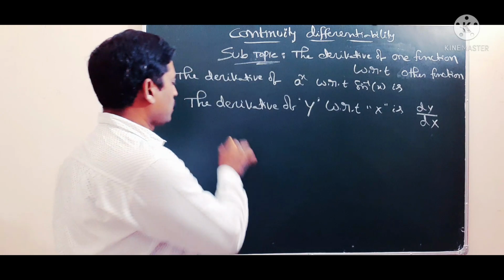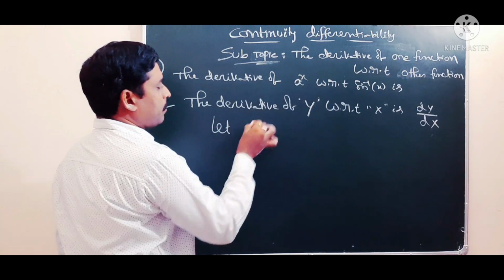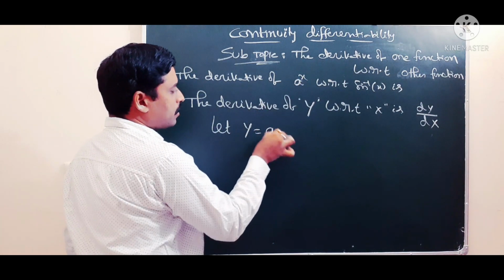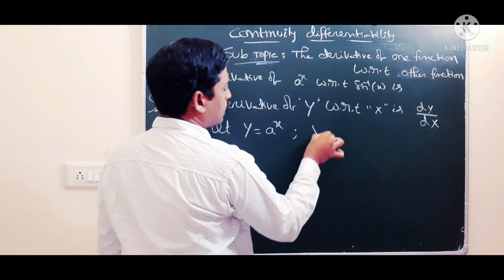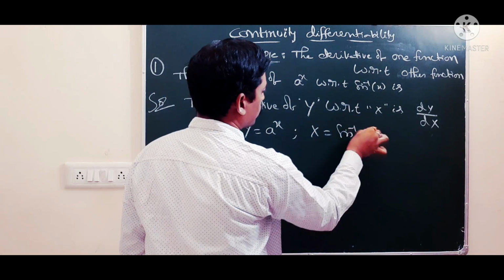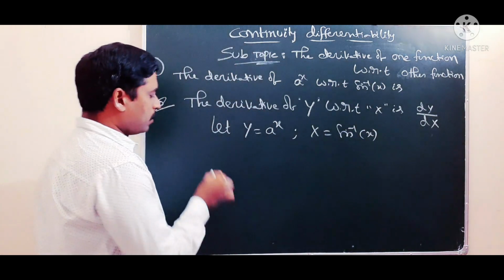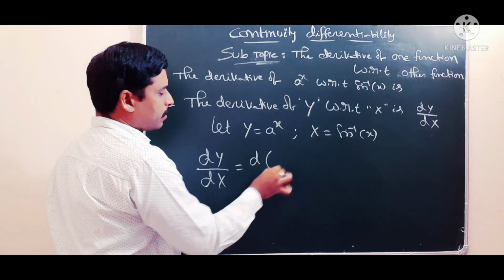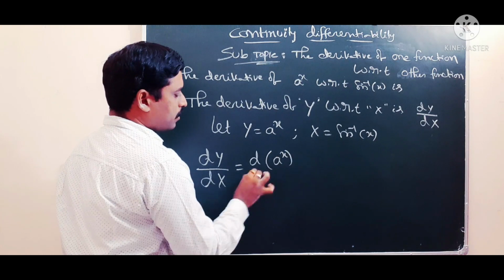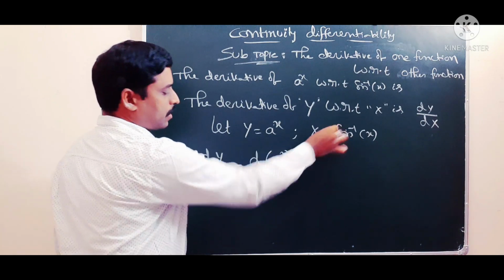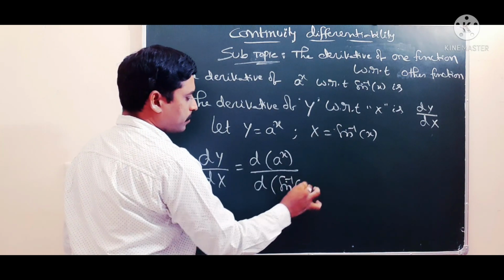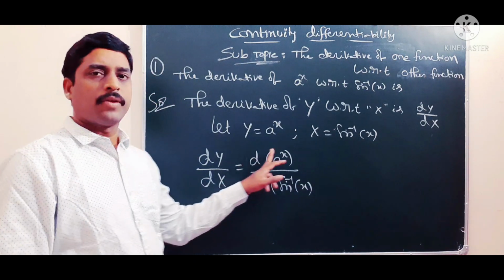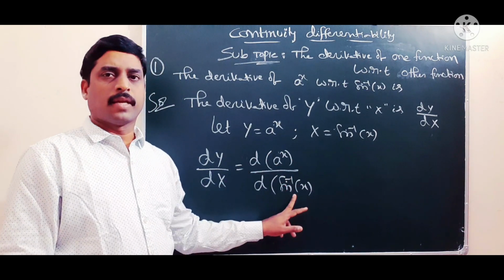So let us take y is equal to a to the power x and x is equal to sin inverse x. What is the formula? dy by dx. So the derivative of y, where y is a to the power x, divided by the derivative of x, where x is sin inverse x. This means the derivative of a to the power x with respect to sin inverse x.